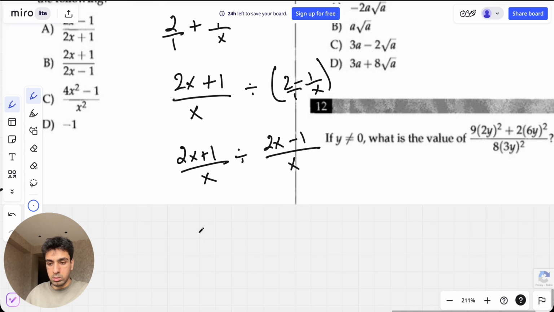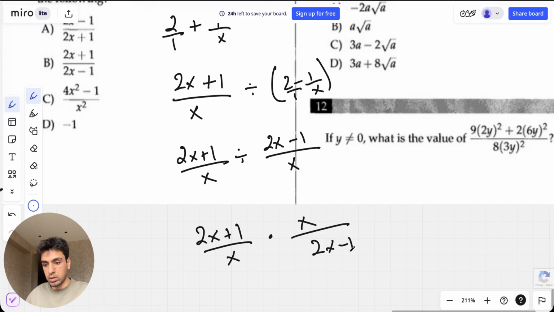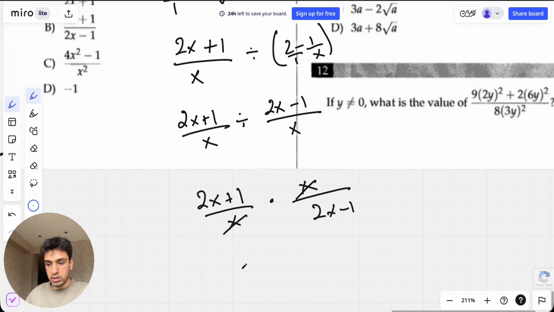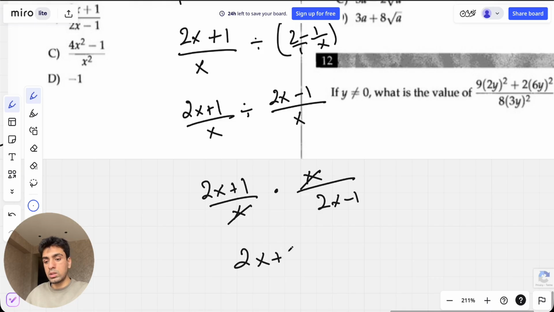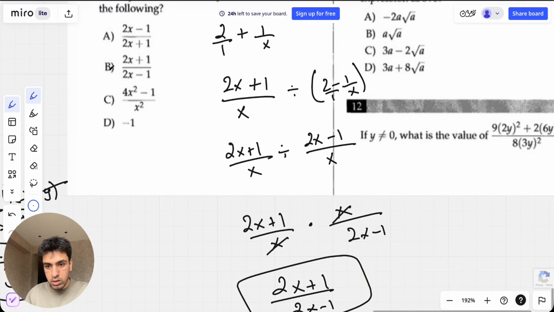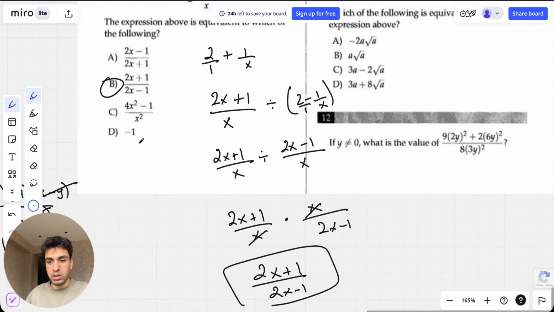Now we change this to multiply, so 2x plus 1 over x multiplied by x over 2x minus 1. We then cancel the x's, which means we're left with 2x plus 1 and 2x minus 1. And that would be your answer. 2x plus 1 over 2x minus 1.